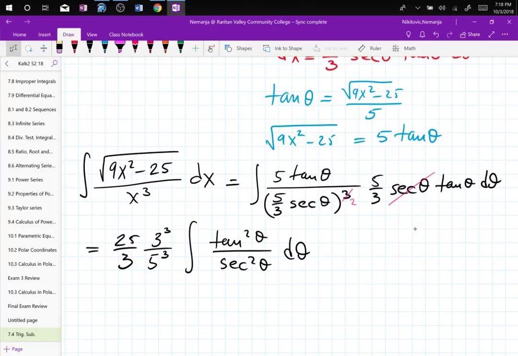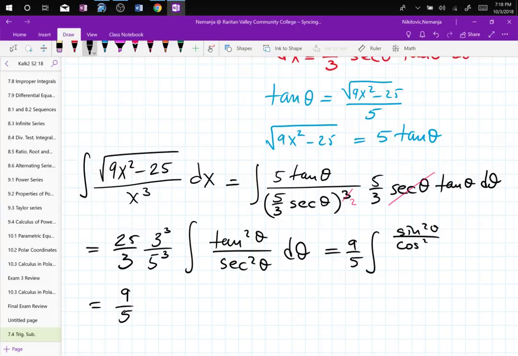So now I have 25/125, and then, well, 9/5 integral. Tangent is going to be sine squared theta over cosine squared theta divided by 1 over cosine squared theta d theta.